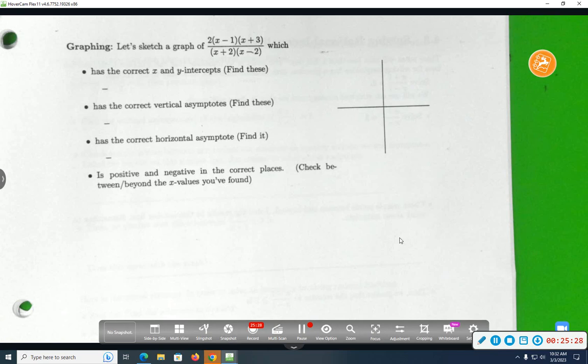So what were the x-intercepts? We find the x-intercept. In particular, there can't be a dot and a vertical line at the same time.